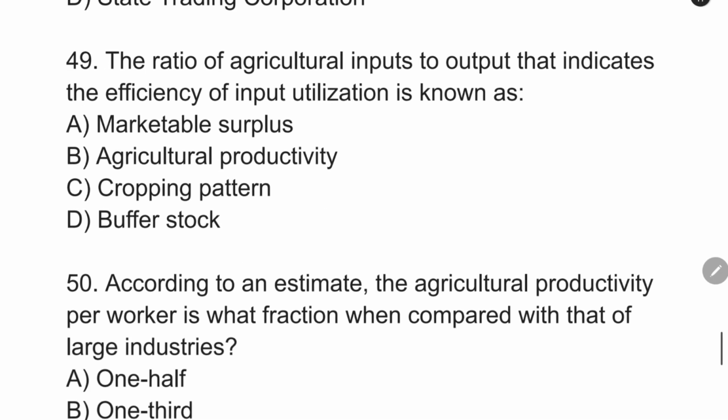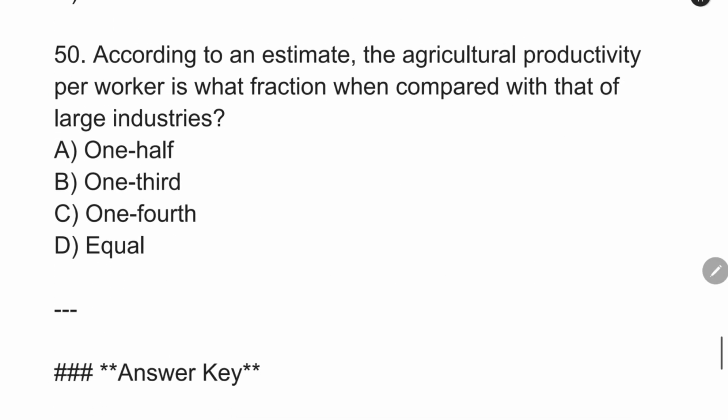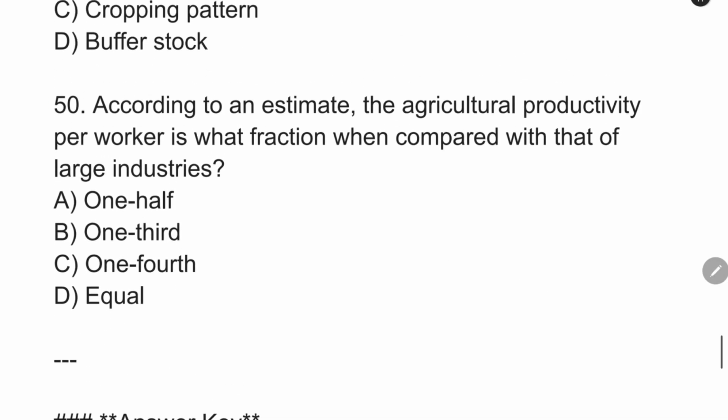Food Corporation of India. The ratio of agricultural output to inputs that indicates the efficiency of input utilization is known as agricultural productivity. According to an estimation, the agricultural productivity per worker is what fraction when compared with large industries? 1/3. So that's it. In these 10 minutes, we have covered 50 questions from Indian economy and agriculture.